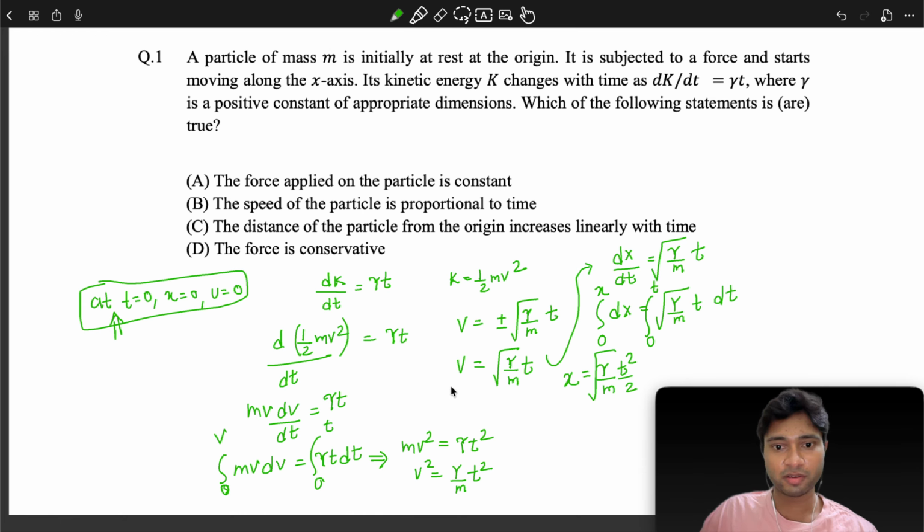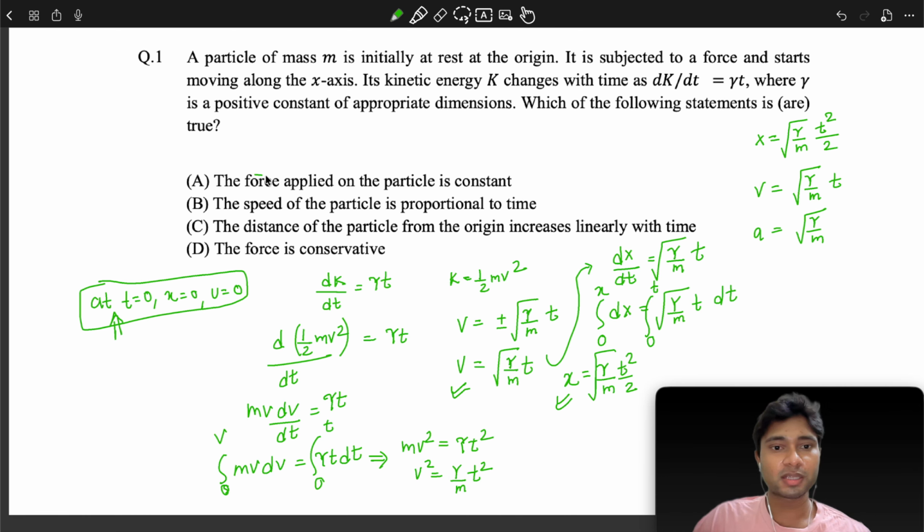So our velocity and x are done. I am writing them again for our conclusions on the options. Position is root of gamma by m times t squared by 2. Velocity is root of gamma by m times t. Acceleration, differentiating again, is root of gamma by m.